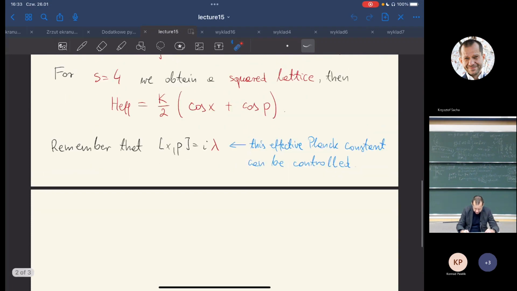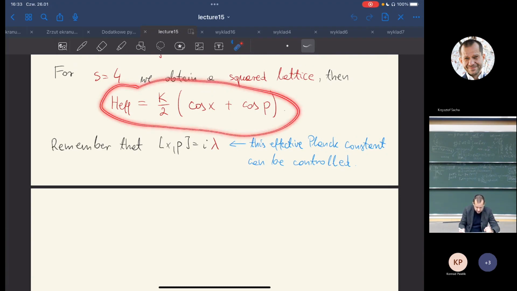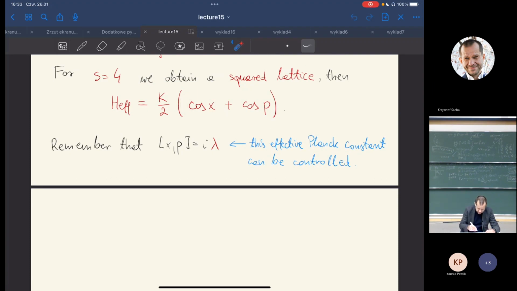And now let us analyze precisely the square lattice case described by this Hamiltonian. When we look at this Hamiltonian, we see that it is periodic in space, which means that the translation operator, which translates over the period of this lattice, by 2 pi, commutes with the Hamiltonian.